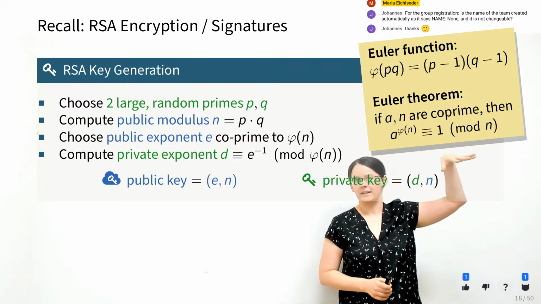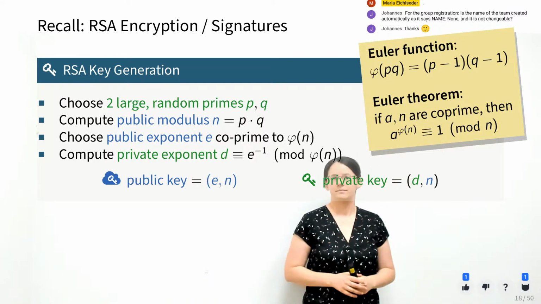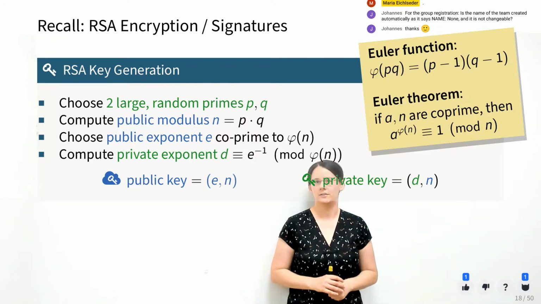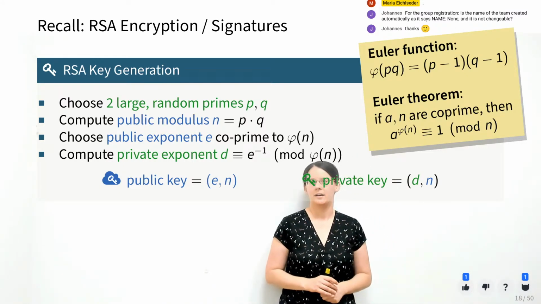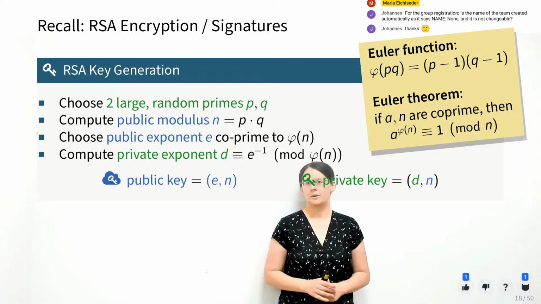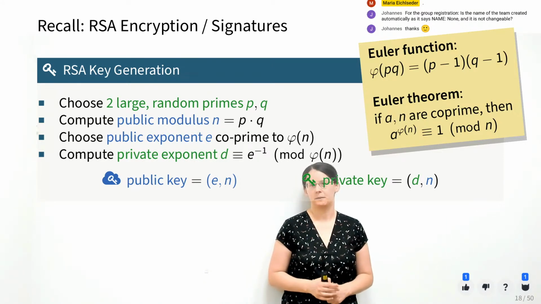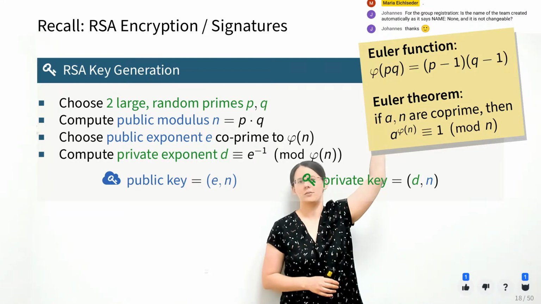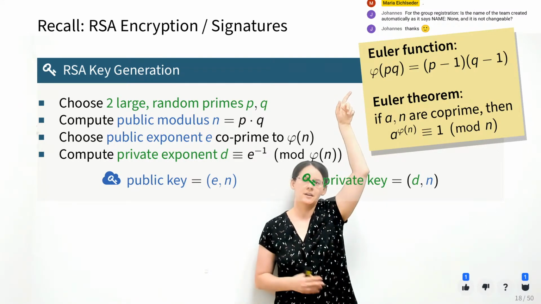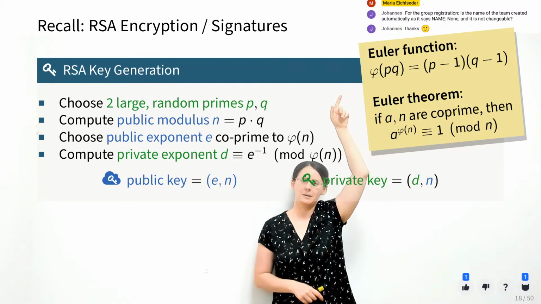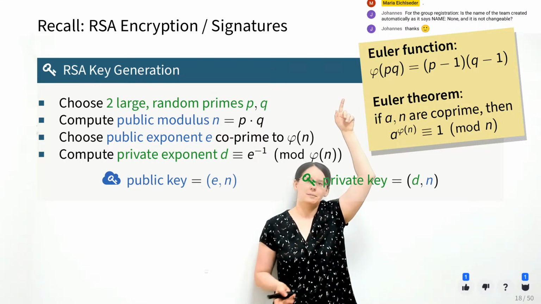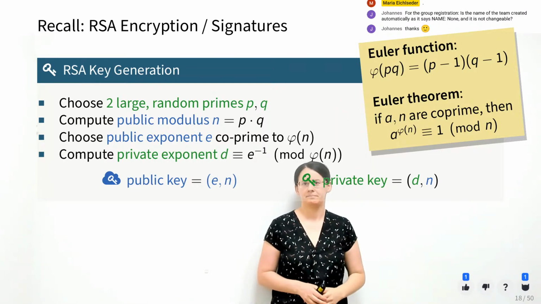There are a couple of ingredients that we're also to some extent going to re-encounter on the following slides, so I've recapped them here. The first one is the Euler phi function, which gives the number of numbers relatively prime to its input. So if we're looking at the product of two prime numbers, this is simply p minus 1 times q minus 1.